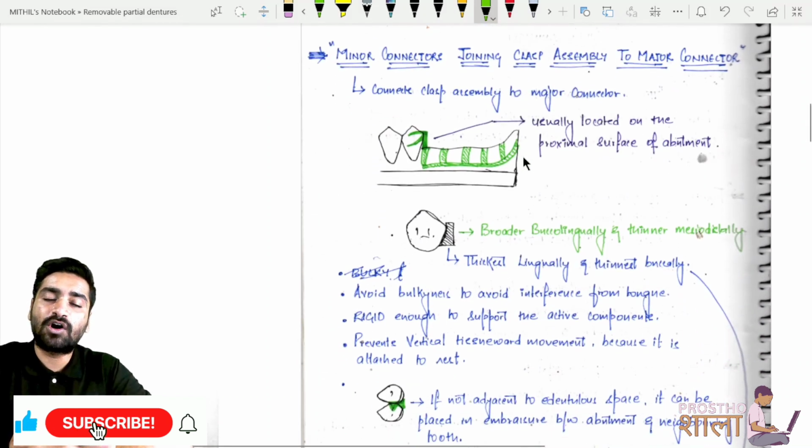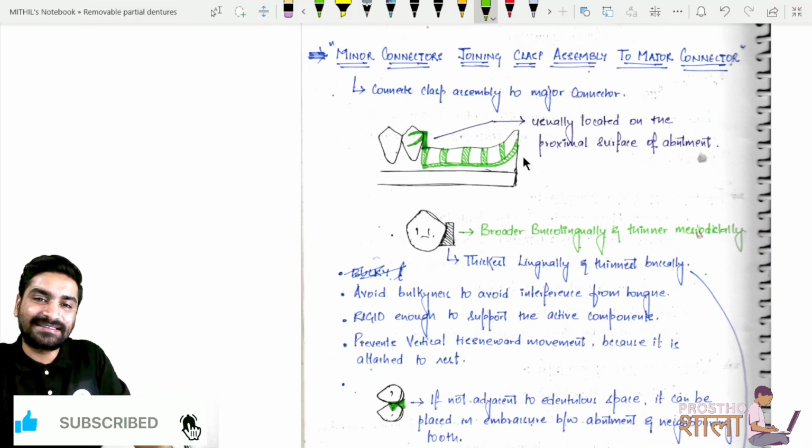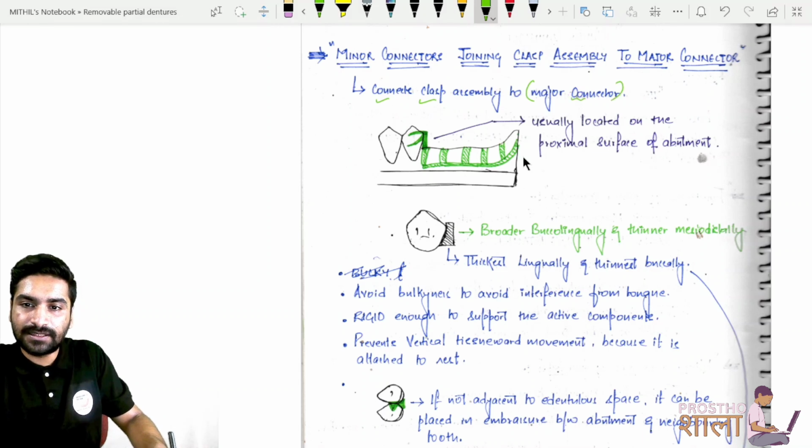Now when we talk about the first type, which joins the clasp with the major connector, the name itself says it connects the clasp assembly to the major connector, usually located on the proximal surface of the abutment. If this is your abutment tooth, on the proximal surface over here, this is the minor connector, which is connecting this major connector with the clasp assembly.